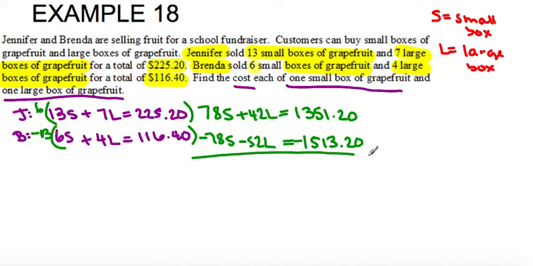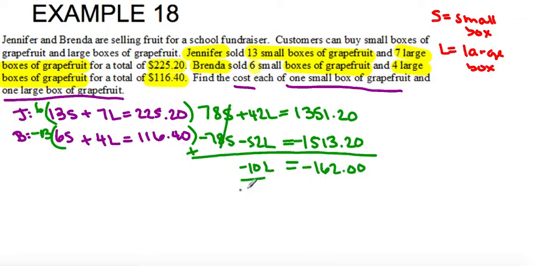Okay, and then I can add my equations together. I have 78S minus 78S, which cancels out. They're inverses. I have 42L minus 52L, which is negative 10L. And then I have 1351.20 minus 1513.20, which comes out to negative 162.